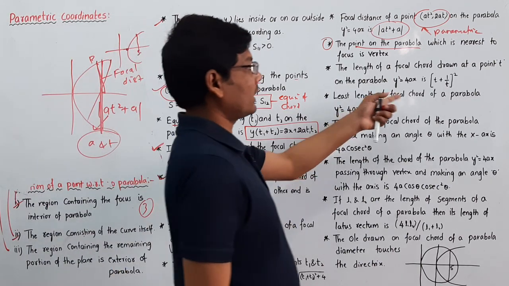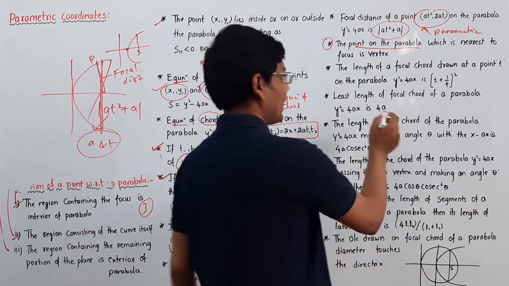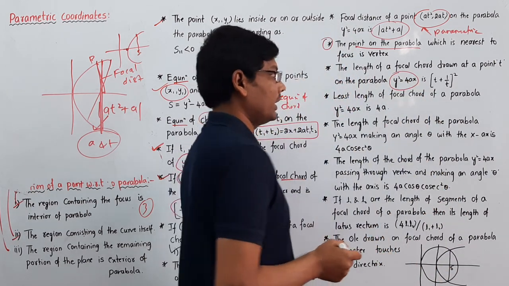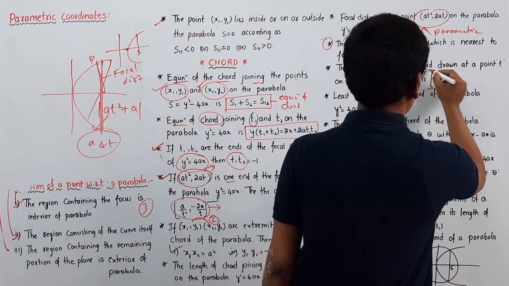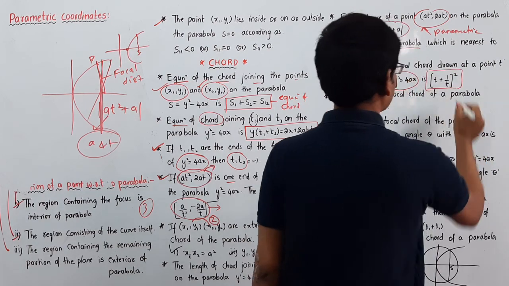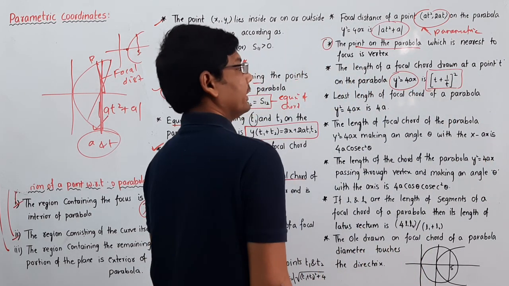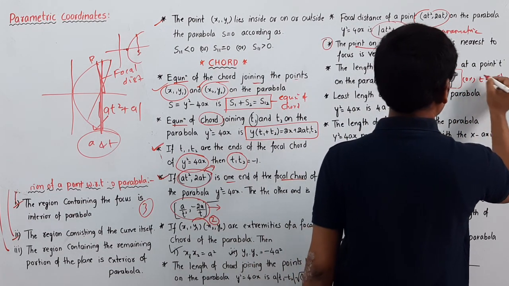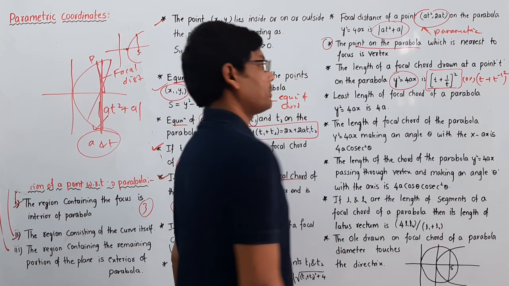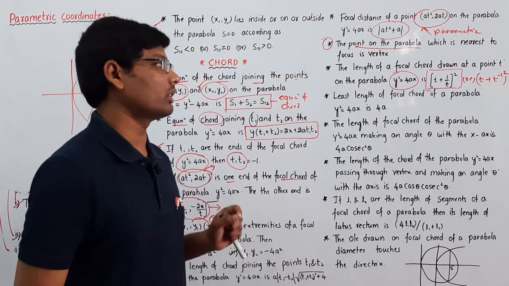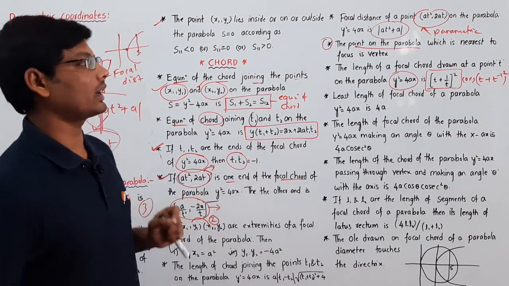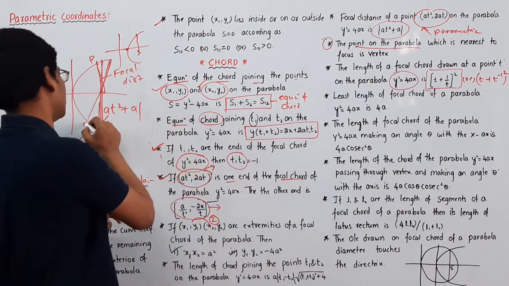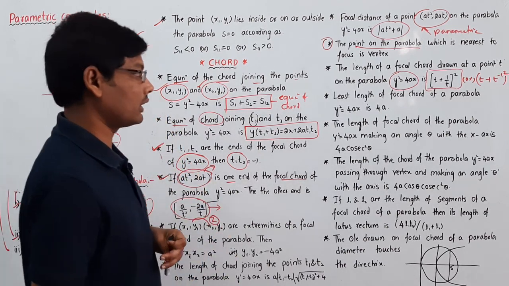The length of the focal chord drawn at point t on a parabola y square is equal to 4ax, which is the standard form of a parabola, is a times (t plus 1 by t) whole square. Otherwise you can write it as a times (t minus 1 by t) whole square also. If you substitute the t value in this expression, you will get the length of the focal chord, from here to here, between the two extremities on the parabola.